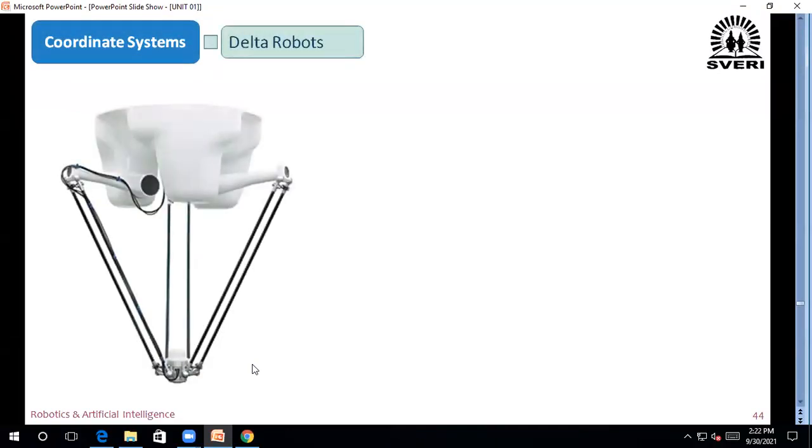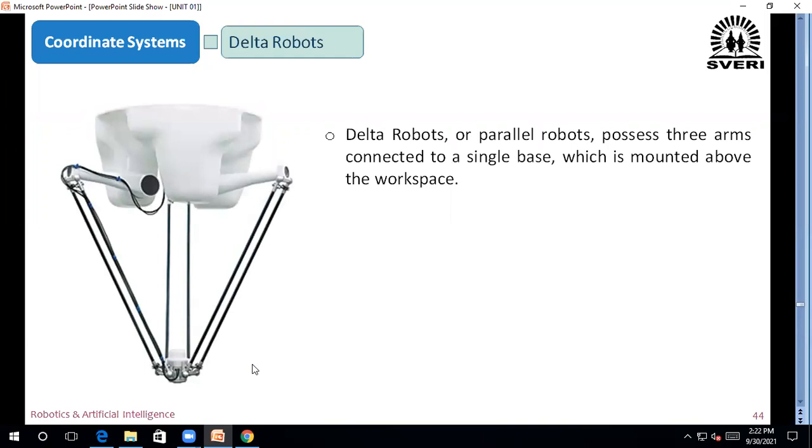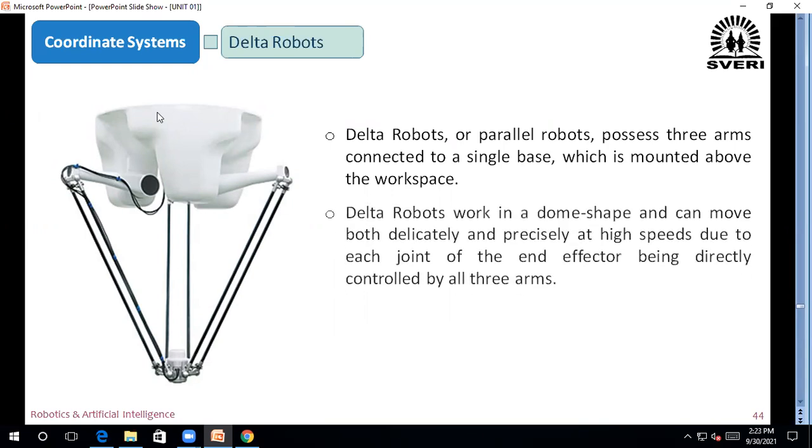Delta robots. Delta robots or parallel robots possess three arms connected to a single base. See that 1, 2, 3. These three arms are there. They are connected to the single base here, which is mounted above the workspace.